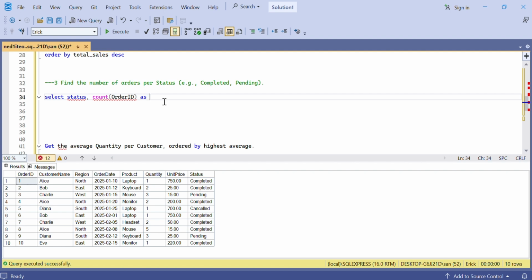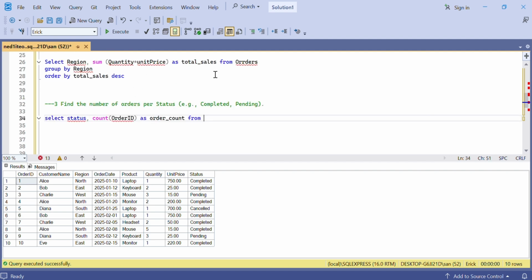So we are counting, and this one we can call it as order count from our table orders. So this one will have to group by status so that you can get the number of counts per status.